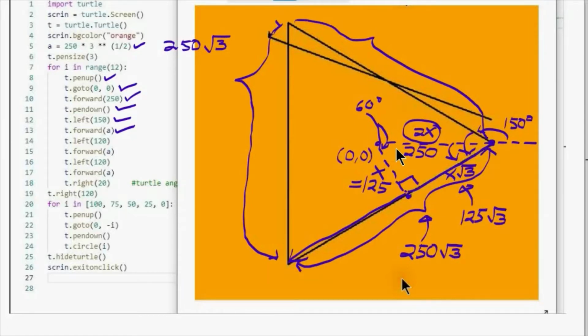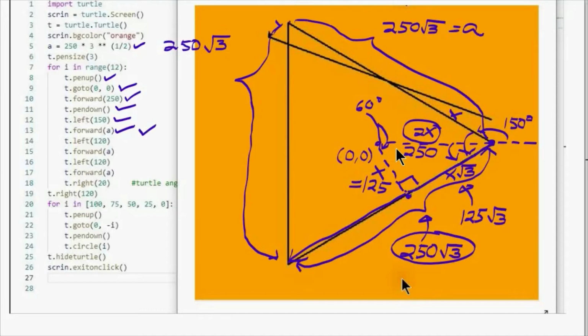Now, for the whole side of the triangle that we are drawing here, it is 250 radical 3. So let's go back here. We are going to draw a 250 radical 3 from this point to this point. And this is actually our A. So here it is. We draw forward a line that is 250 radical 3.